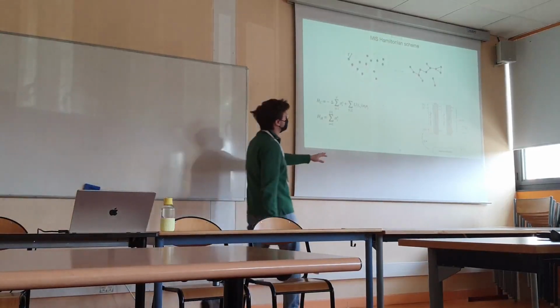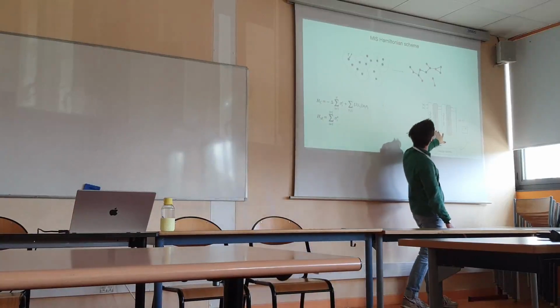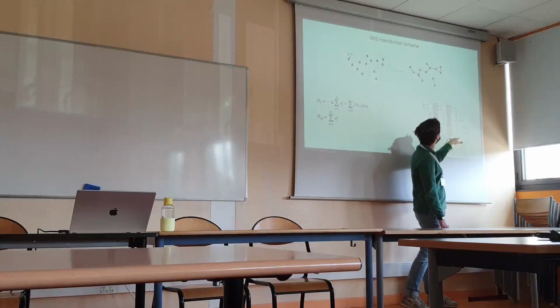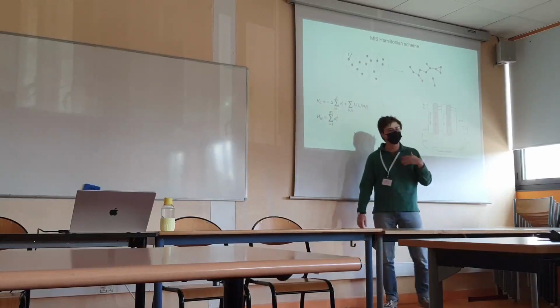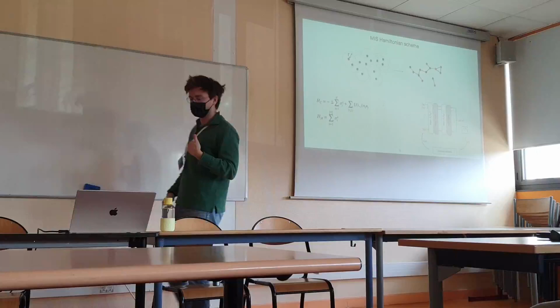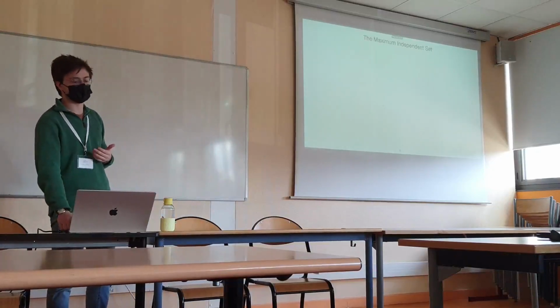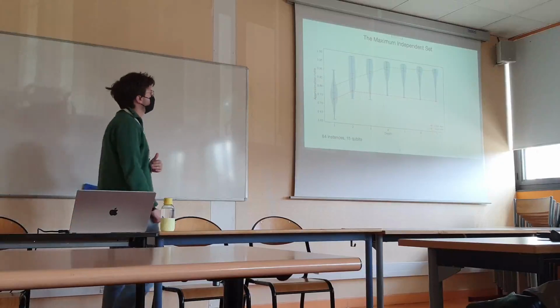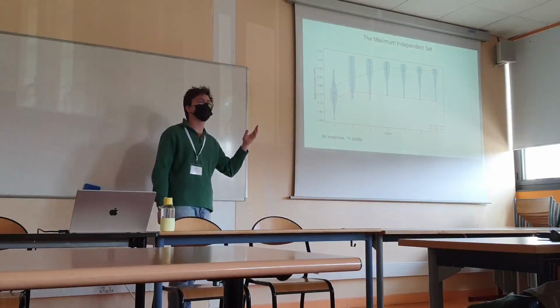So here I'm showing I can put many different layers. I can apply my mixing Hamiltonian, my cost Hamiltonian, different layers at a time. And so the more layers I add, the closer I will get to the exact solution. And so what you see on this graph is that the approximation ratio is between 0 and 1.